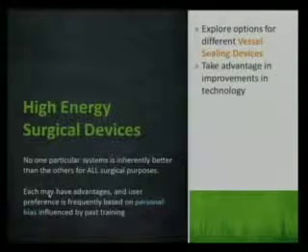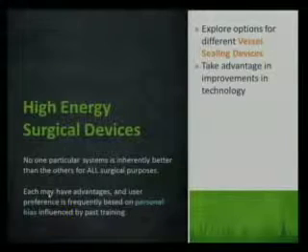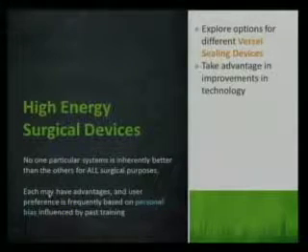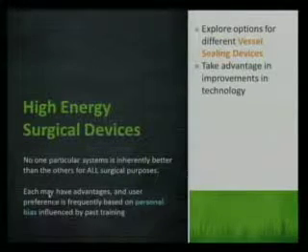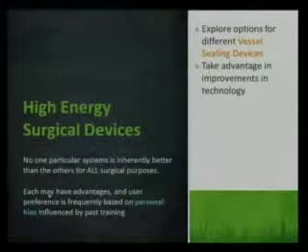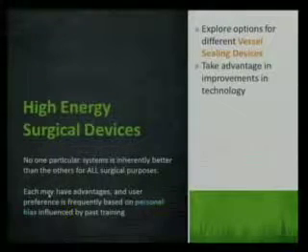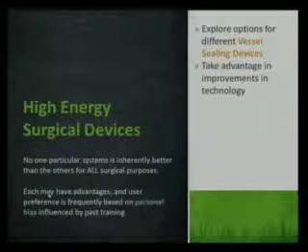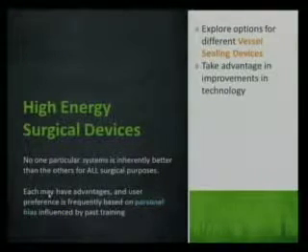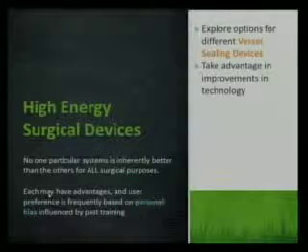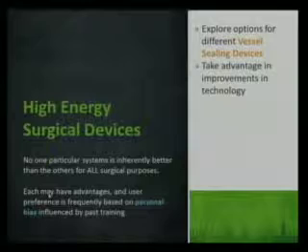Any questions? Can you explain how the vessel sealing devices work for all the residents who don't know? So usually they can be used up to a 7 millimeter vessel, and it has this feedback, so it senses the resistance in the tissue and sends that information back to the generator, and based on the resistance that it gets, it continues to seal until it gets to a certain point.